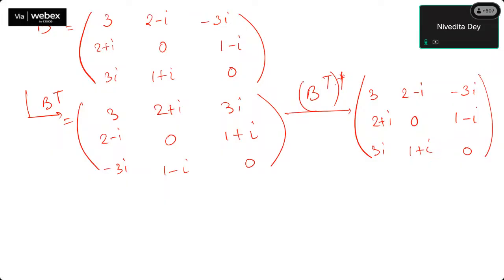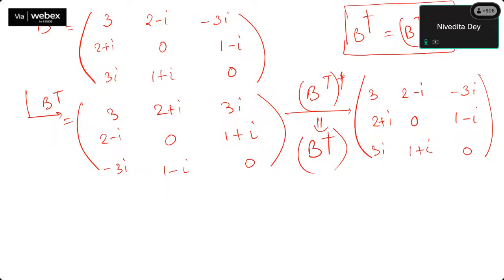Now what is B transpose complex conjugate? This is nothing but B dagger. Same thing: B dagger is nothing but B transpose, its complex conjugate. And if you see, this is exactly equal to B. Therefore, B is a Hermitian matrix.